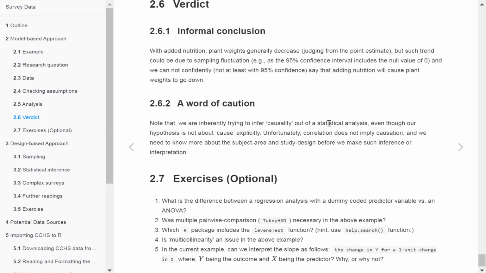So this is just the nature of how we try to frame our research question. Even though our dataset sometimes does not support the causality aspect of our question, whenever we are posing a question, generally we try to have a sense of that cause, whether fertilizer or nutrition is causing your weight to go up and down.